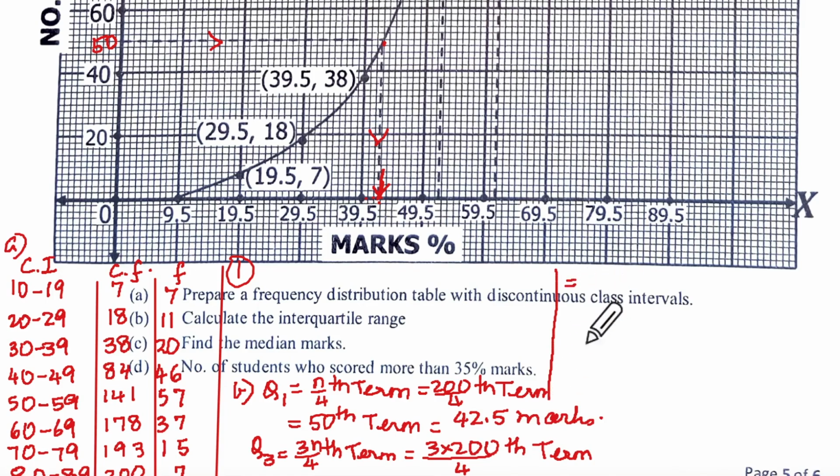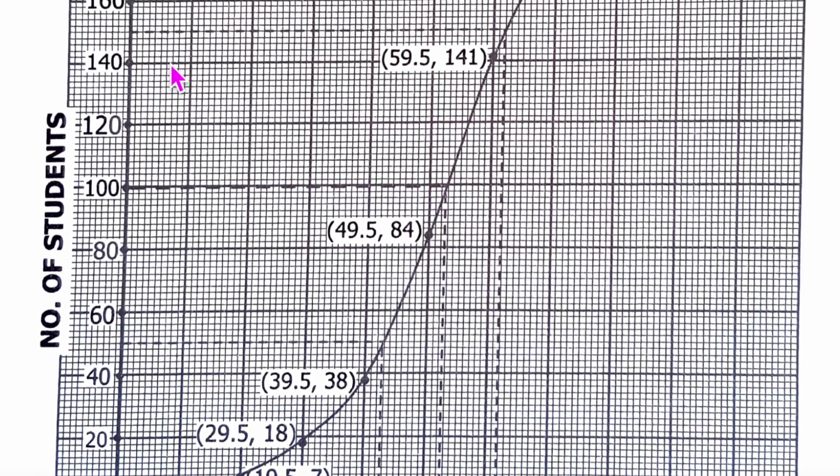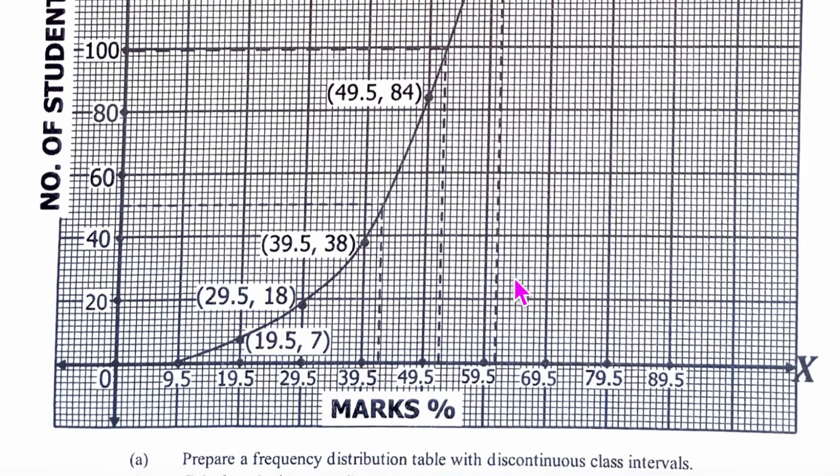That is equal to the 150th term. Let's check it out, 150th term. Where is 150? Here. Can you see this going here and coming down here? After this bold line, it is 2 divisions. 61. Keep looking.